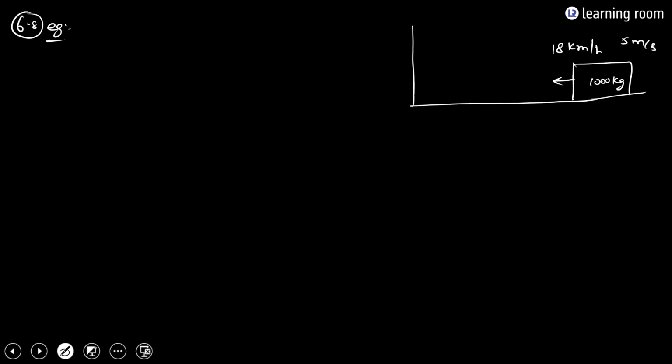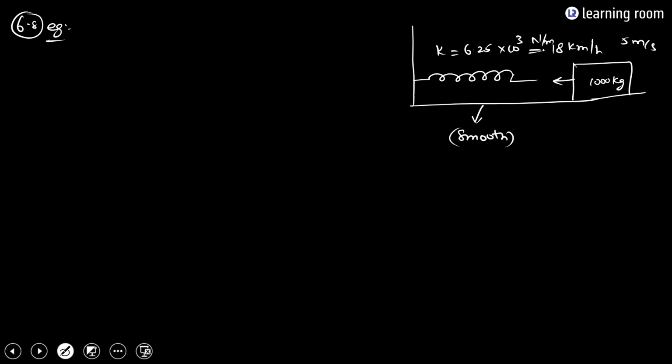On a smooth road, colliding with a horizontally mounted spring whose spring constant is 6.25 into 10 power 3 Newton per meter. What is the maximum compression in the spring?